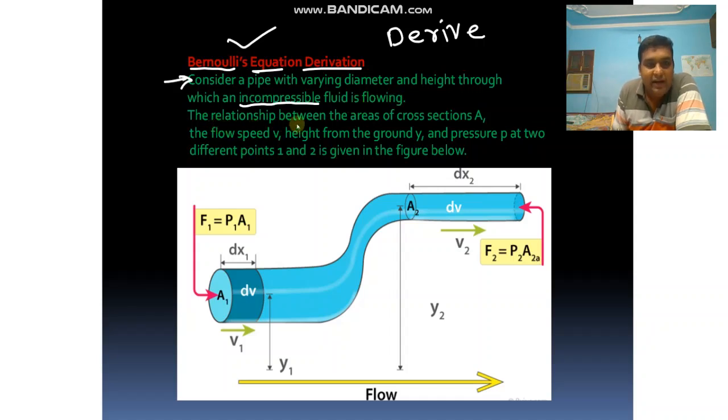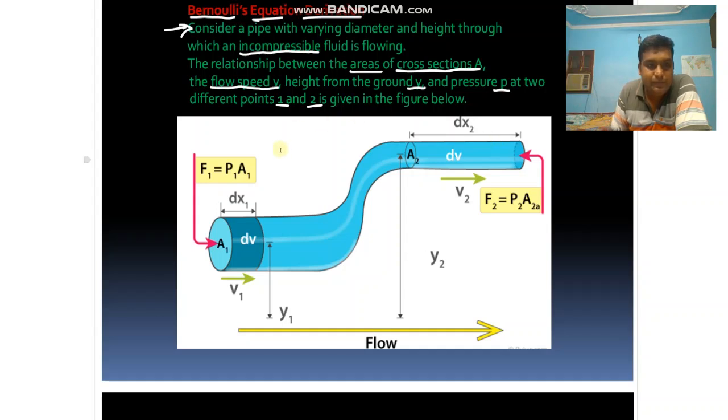The relation between the areas of cross section A, the flow speed V, height from the ground Y, and the pressure P at two different points 1 and 2 is given in the figure below. So let's move on to the figure.